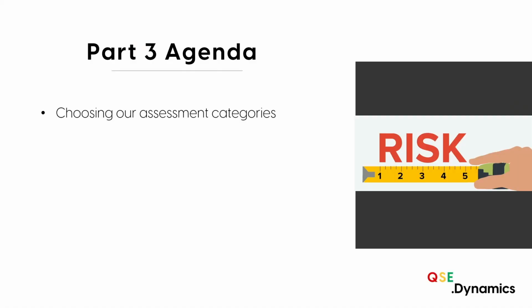We will start by choosing our assessment categories. That will make more sense in the next slide, but this should really be close to the types of hazards that you have identified. Next, we'll talk about applying different risk principles. So we're pretty much just going to go over the basics here, but they're tried and tested, so it's a really good refresher.